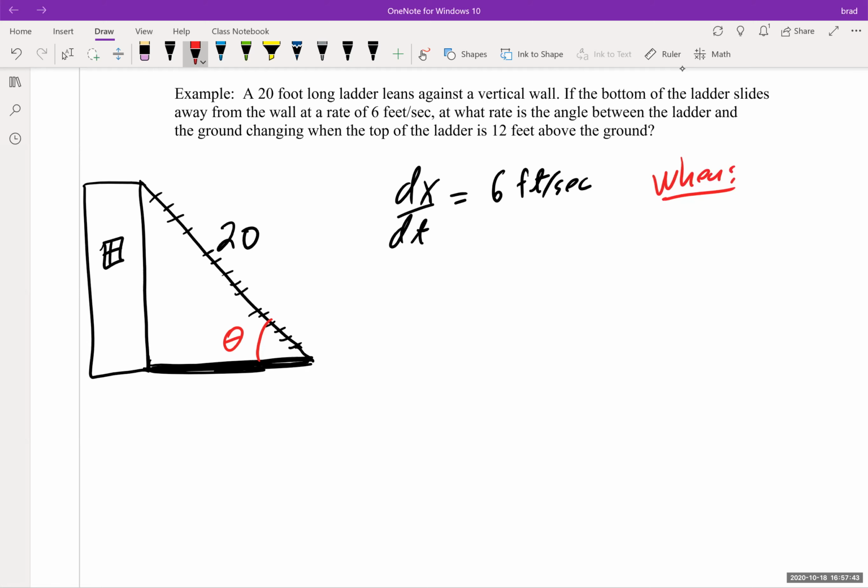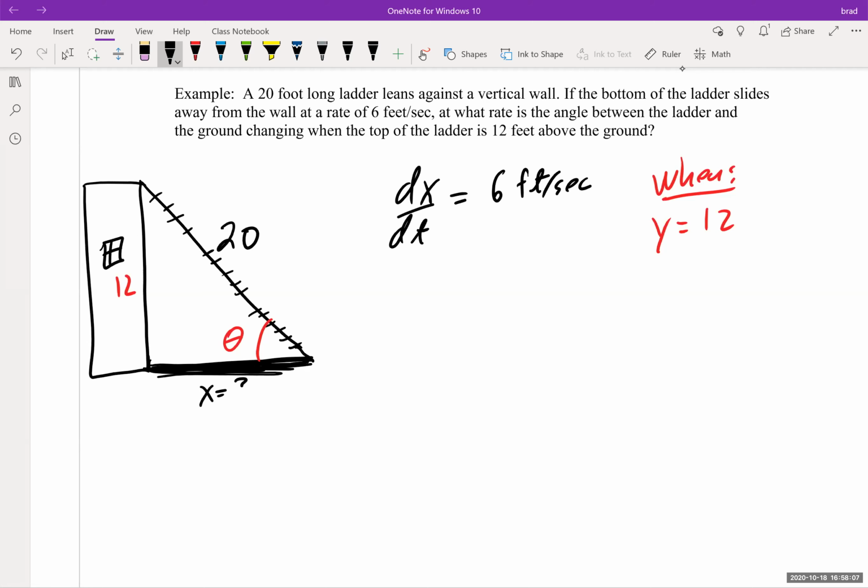The ladder and the ground changing when the top of the ladder is 12 feet above the ground. So we now know when y equals 12. So this is 12 right here. I think that's all they gave us, right? So let's see what we've got. What equation is going to relate? First things first, I want to be able to find x.